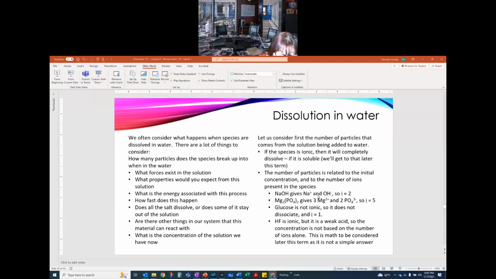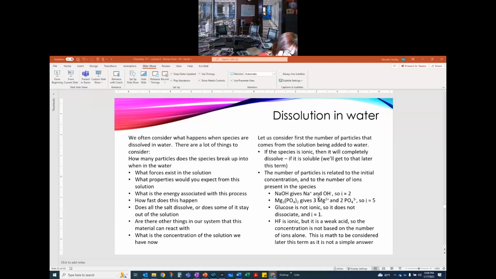And of course, here we're talking about being dissolved in water, but it's not necessarily in water. It can be in any given solution that we want to talk about. So NaOH becomes an Na+ and an OH-, and the i for that is 2.